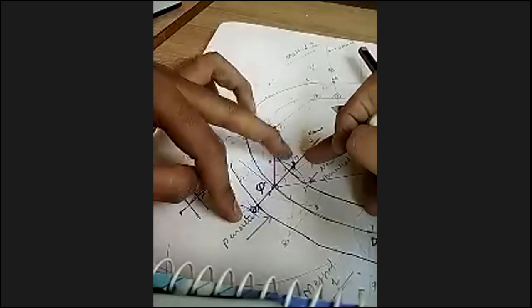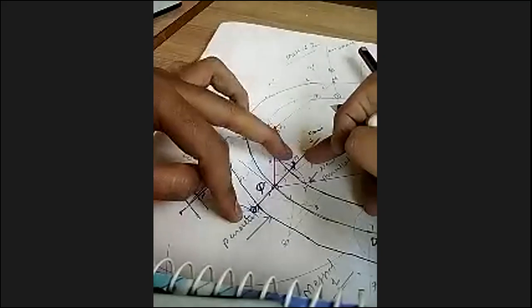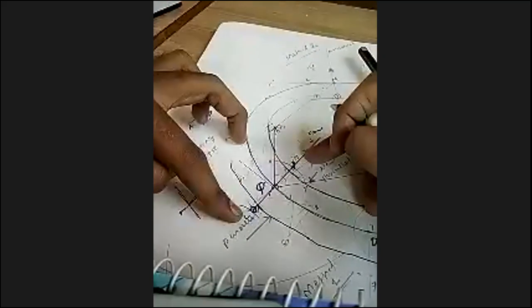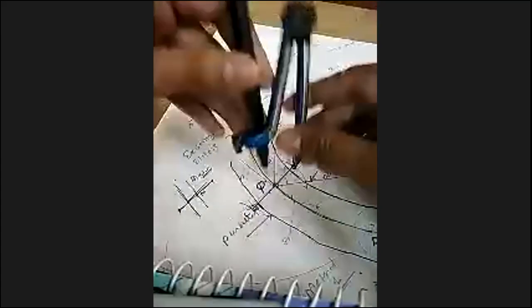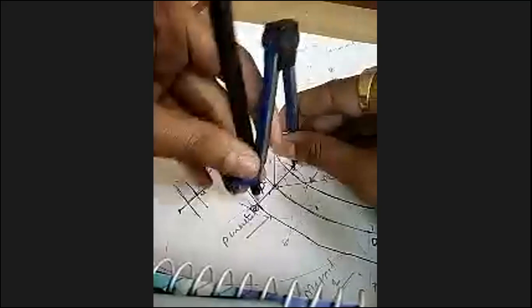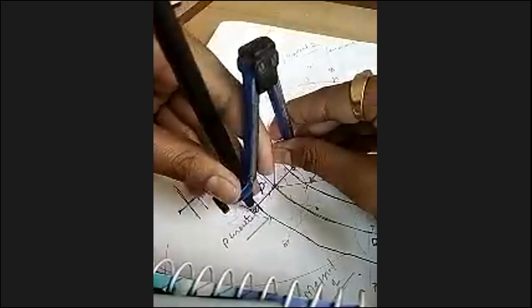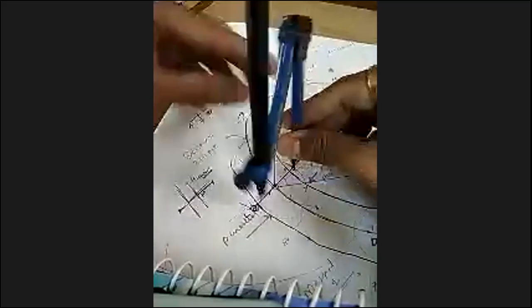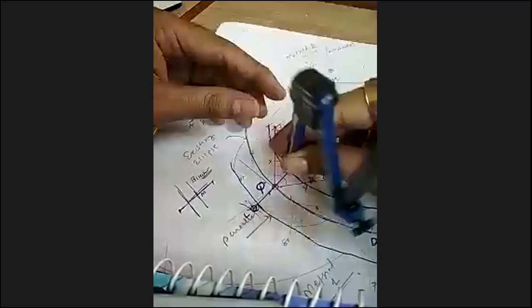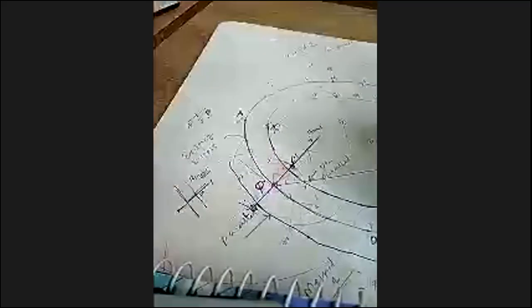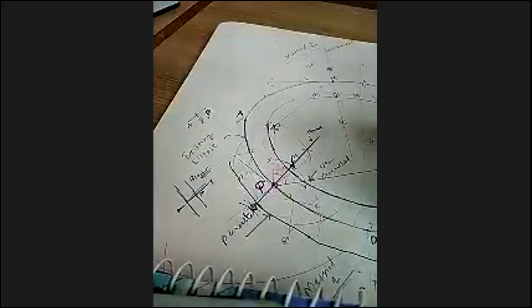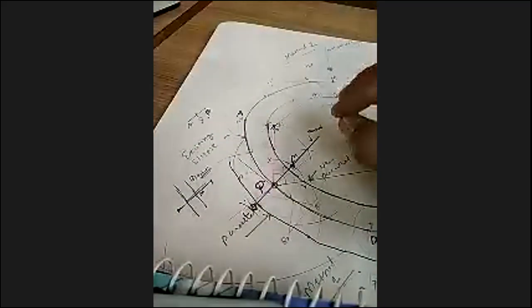Now we require it on either side. So I will take the compass and give one arc on top and one arc on bottom. Okay. Whether this method is correct or not, that we will also know.